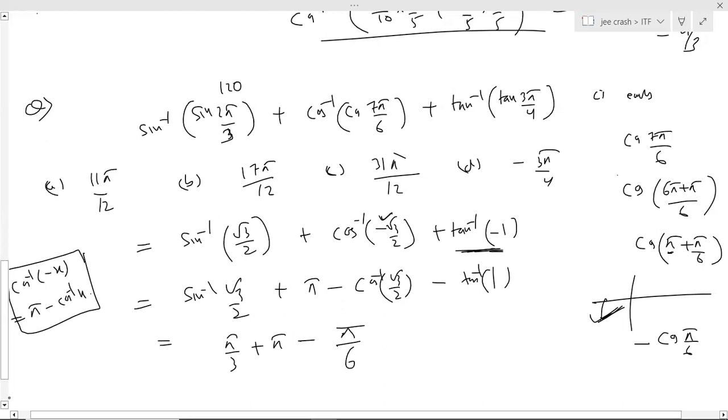All right, 30 degree minus pi by 4. Calculate this, you'll get the answer as 11 pi by 12. All right, everyone. Yes, sir. So the questions are very simple in this chapter.